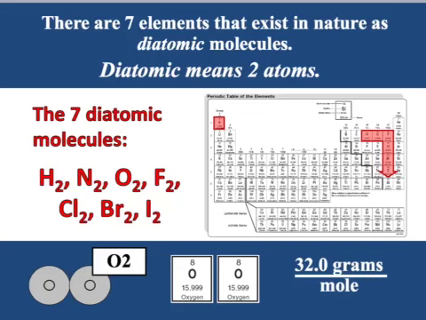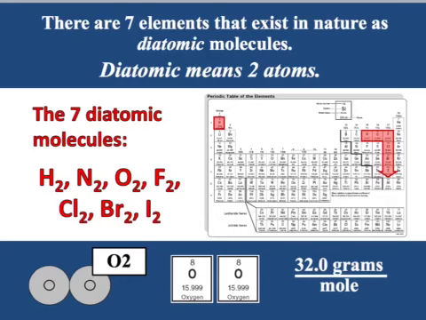So just so that you know ahead of time, there are 7 elements, and you already kind of know this, that exist as what we call diatomic molecules. Diatomic means that they have 2 atoms, and they're going to be hydrogen, so H2, nitrogen, N2, oxygen, O2, fluorine, F2, chlorine, Cl2, bromine, Br2, and iodine, I2.